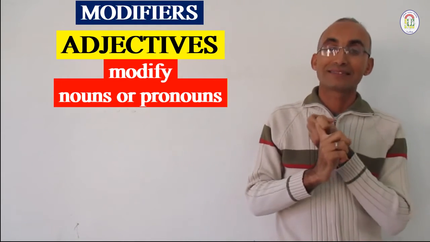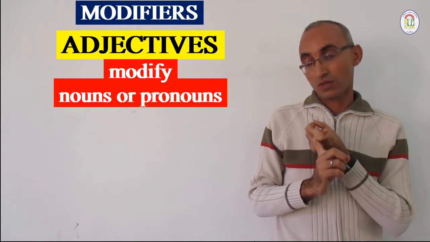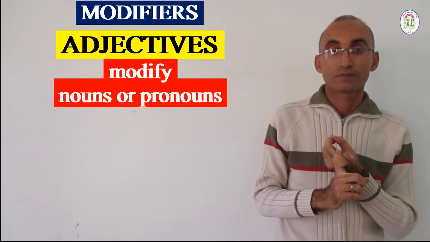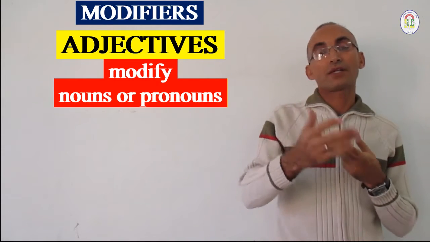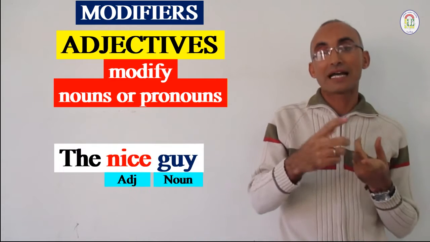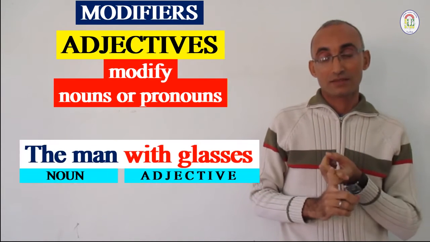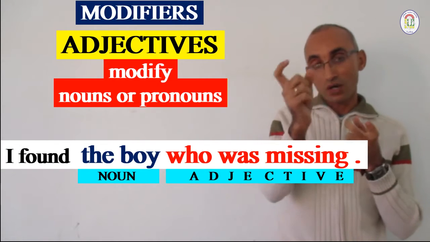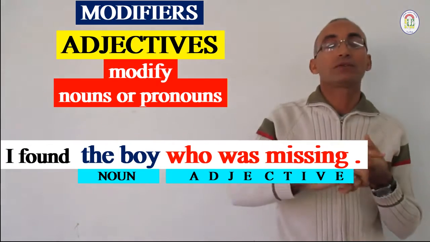They modify, describe, clarify, and so on. Always linked to a noun or pronoun. Good. For example, the strong man, the nice guy, the man with the glasses, I found the boy who was missing. So all these are linked to nouns and modify nouns.